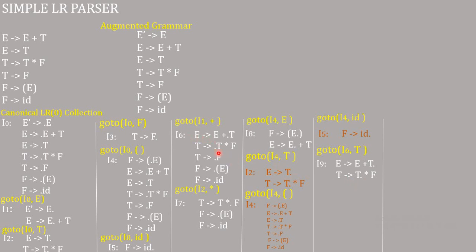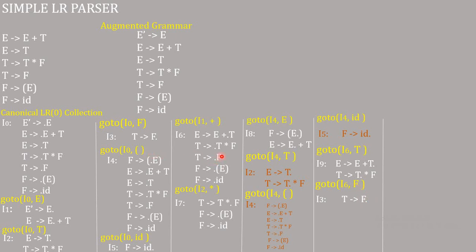So let us define the function I6, goto of I6 comma F. When we define that function, what happens? Once again, I'm highlighting that point. Whenever we are defining the function, we have to refer to those productions in which the dot symbol is followed by the particular terminal or non-terminal. When you are defining goto of I6 comma F, you have to look for those productions in I6 in which the dot is followed by F on the right-hand side of the production rule.